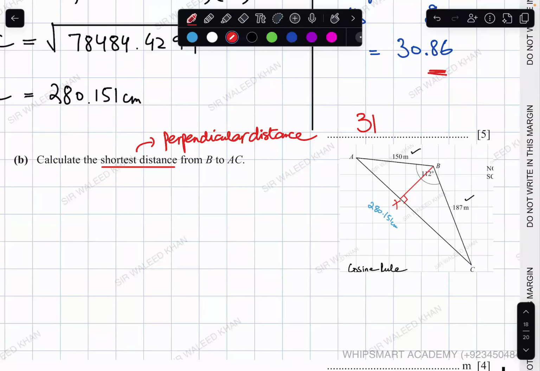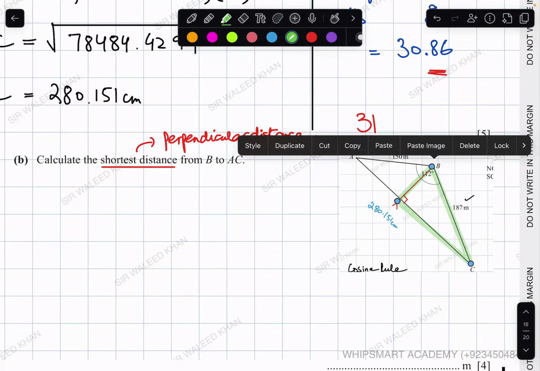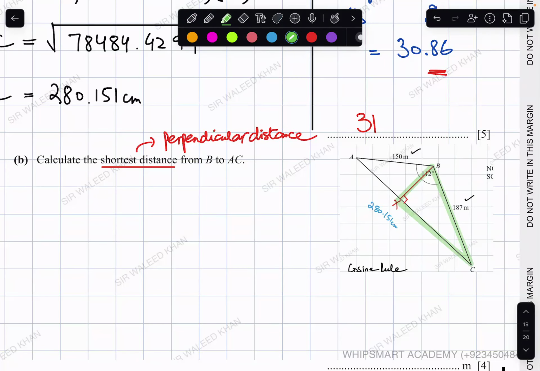So I need one angle to figure out the height of this. I'm focusing on this triangle, BXC, this right angle. So if I can find this angle over here, I can figure out the length BX.